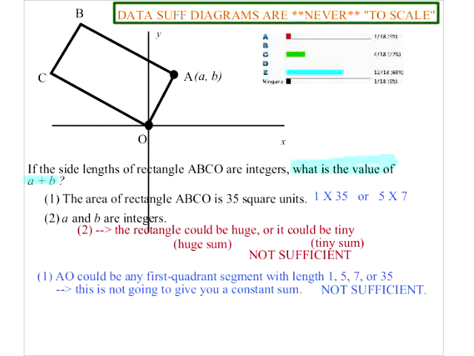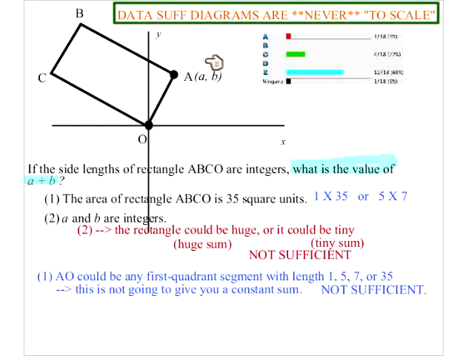At the outset of a data sufficiency problem, everything is unknown, so there's no such thing as a scale diagram in data sufficiency. You can assume this is in the first quadrant, because even a grossly not-to-scale diagram would still be the first quadrant. But you can't assume that BA is longer than OA. Just keep that in mind.